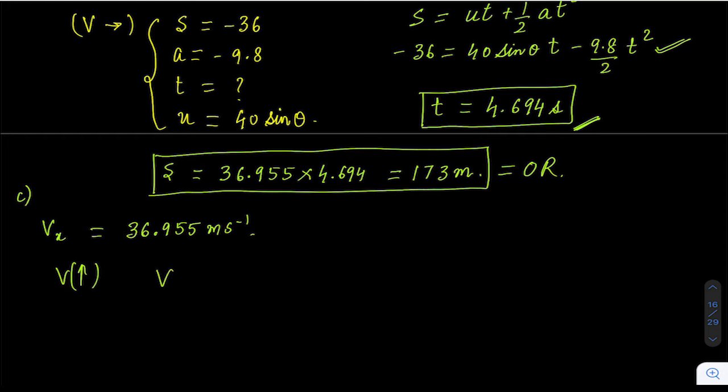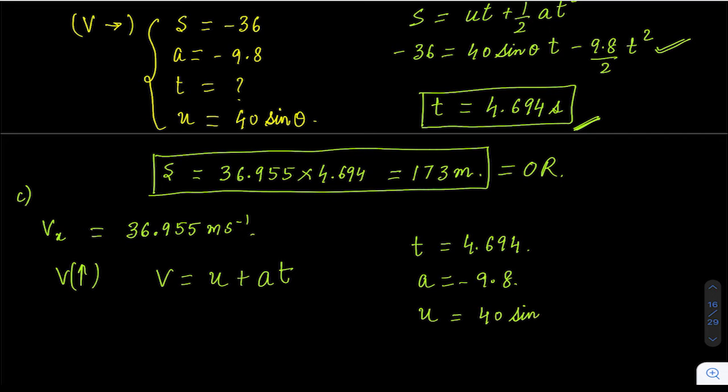So V is equal to U plus AT, right? So I have the time value. Time is 4.694. I have the acceleration, that is minus 9.8. I have the initial velocity, that is nothing but 40 sine 22.5 degrees approximately. So these are my values.